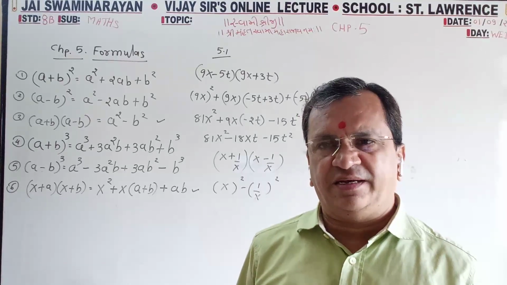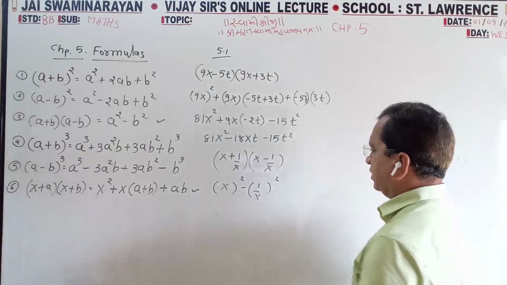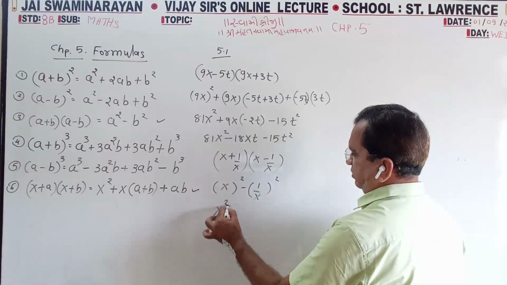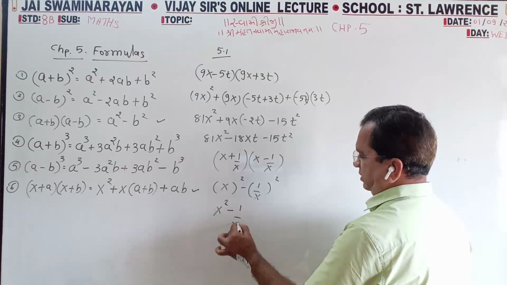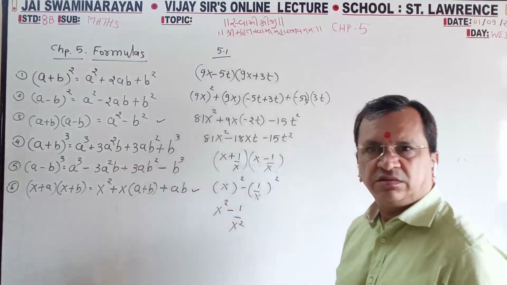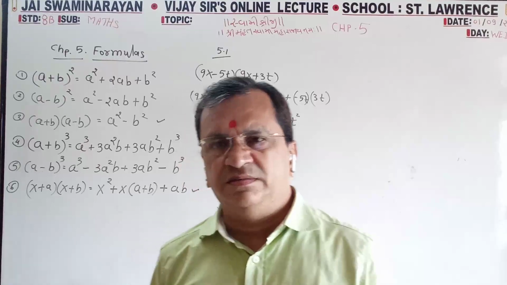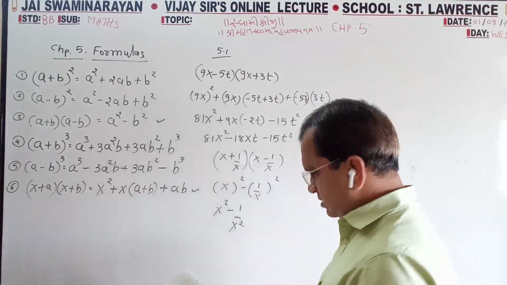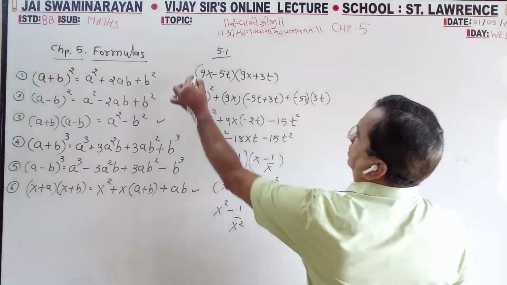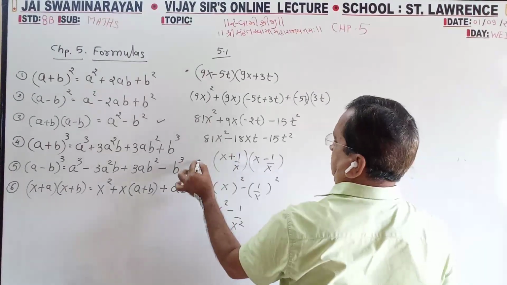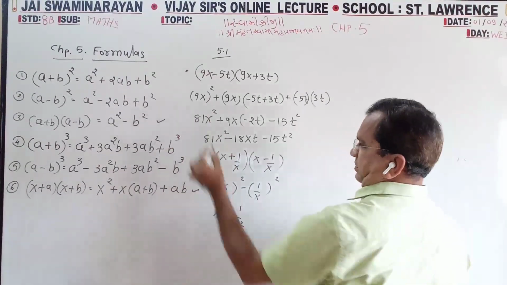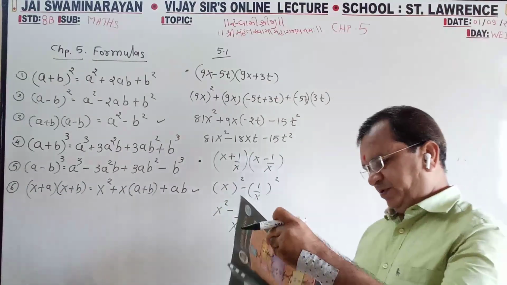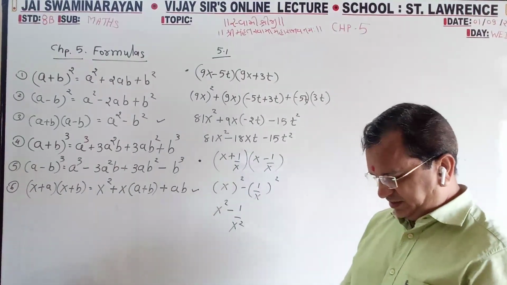This is x square minus 1 by x square. So this is the first example, this is the second example of the previous exercise.